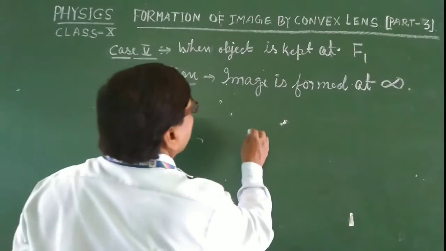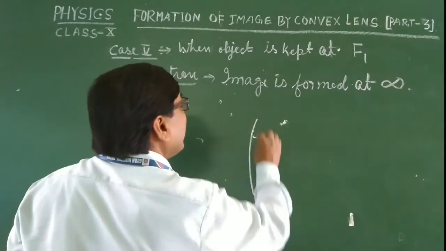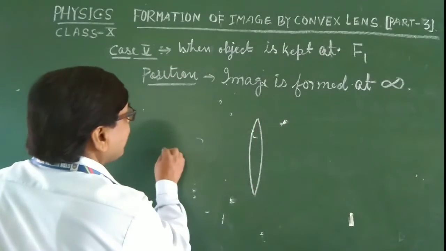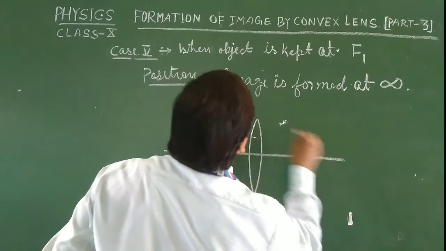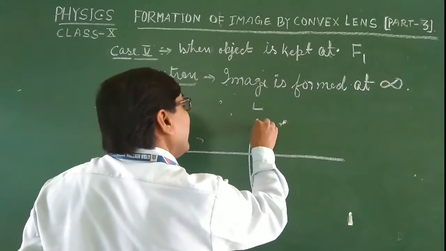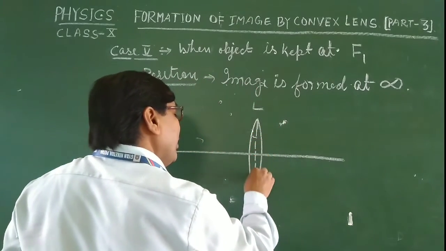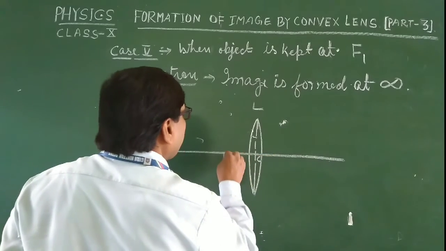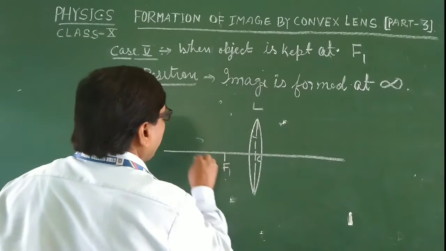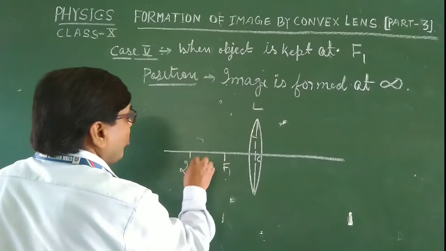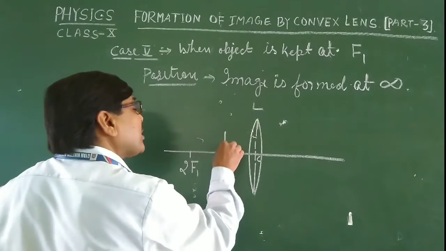So we can draw the ray diagram like this. There is a convex lens, and this is the optical center. This is focus F1, this is F2, and the object AB is kept here.